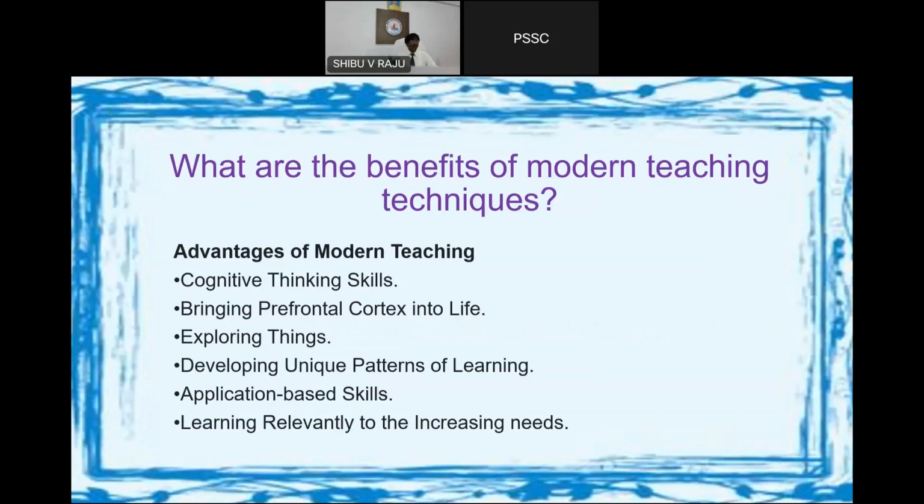So some techniques when we look into cognitive thinking skill, bringing prefrontal cortex into life, exploring things, developing unique patterns of learning, application-based learning, learning relevantly to the increasing needs. So these are the benefits that we will have when we use the proper teaching aids in the classroom.